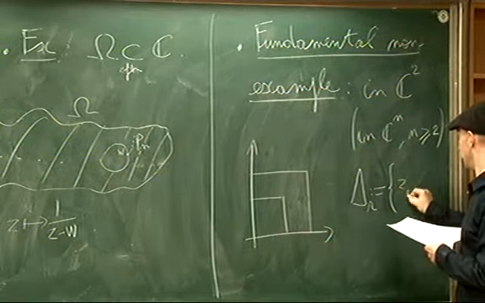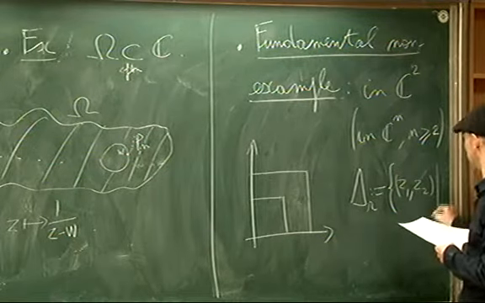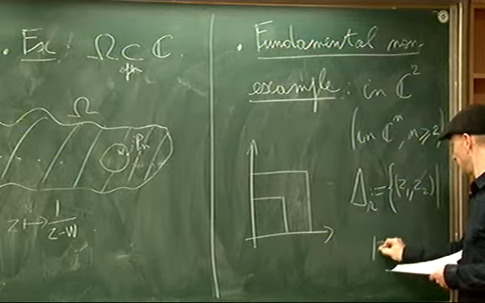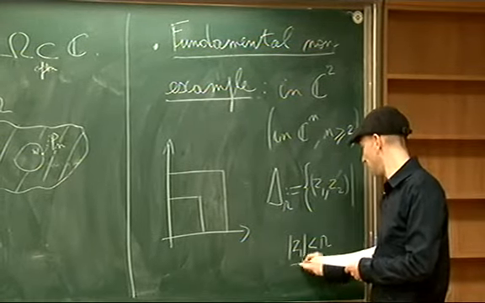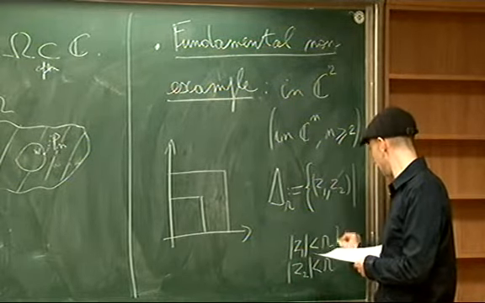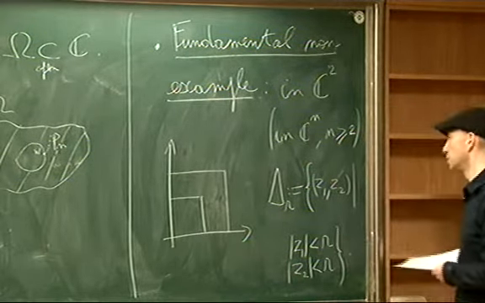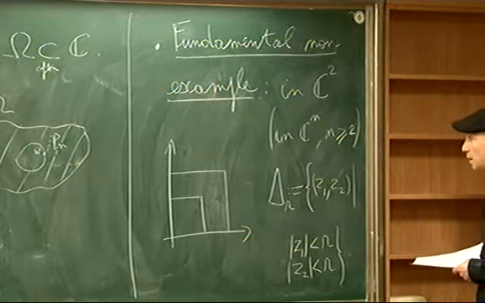So I will write Z1, Z2 in C2 such that the modulus of Z1 is less than R and the modulus of Z2 is less than R. So it's a product of two disks of same radius R.